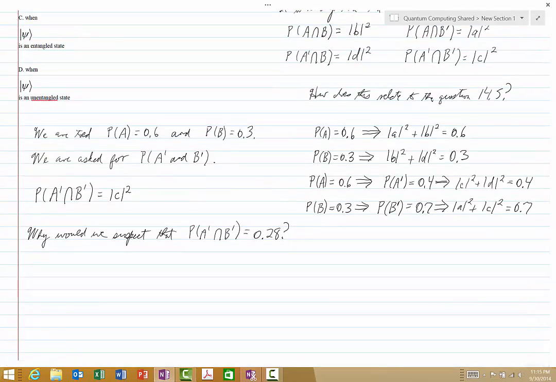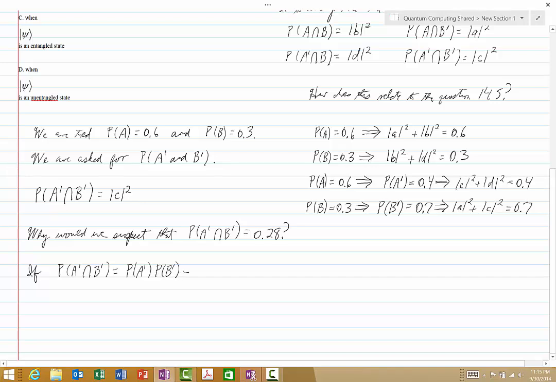Well, the answer is this: if the probability of A prime and B prime is equal to the probability of A prime times the probability of B prime, well, we've already said over here at the right that the probability of A prime is 0.4. The probability of B prime is 0.7. And so then we would get 0.28.